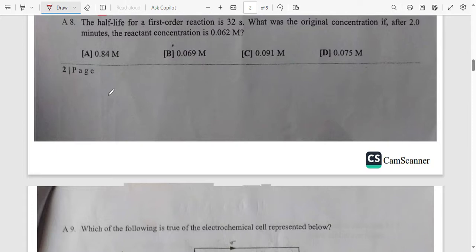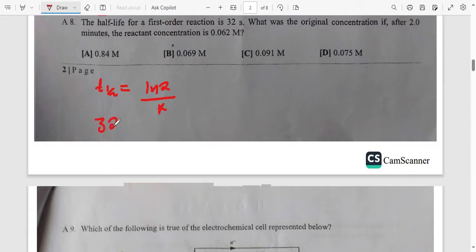Starting with the half-life for a first order reaction, the half-life is equal to natural log of 2 divided by k. We've been told that the half-life for a first order reaction is 32 seconds.